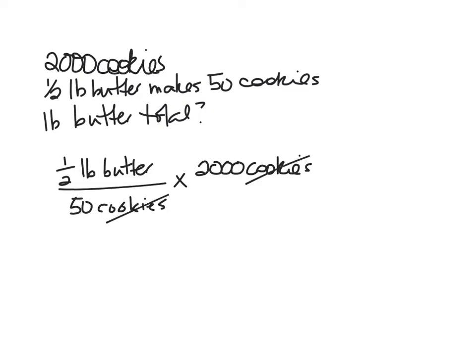So cookies are going to cancel. And so what happens is you multiply everything on the top. So 1/2 times 2,000. And you divide by anything on the bottom. So 1/2 times 2,000 divided by 50 is 1,000 divided by 50, and that's 20. So I need 20 pounds of butter.